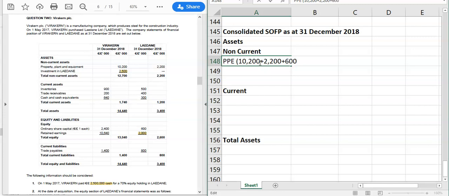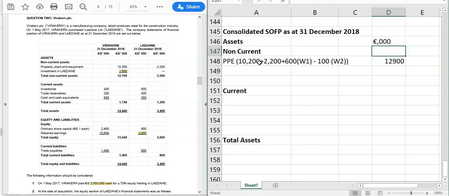Plus 600, working 1, which is our fair value adjustment, minus 100, working 2, which is our fair value depreciation. So just try and cross-label to show exactly the examiner where the figures are coming from. So 10.2 plus 2.2 plus 600 minus 100. So your closing property, plant and equipment should be 12,900, and we'll put that as euros.